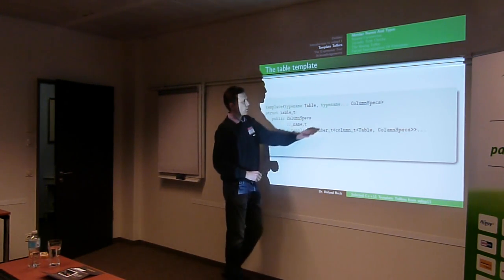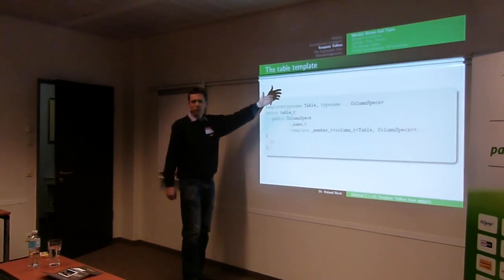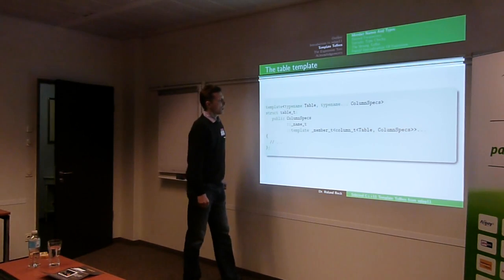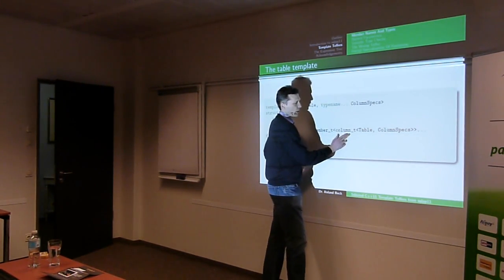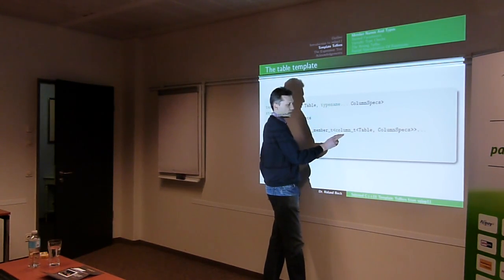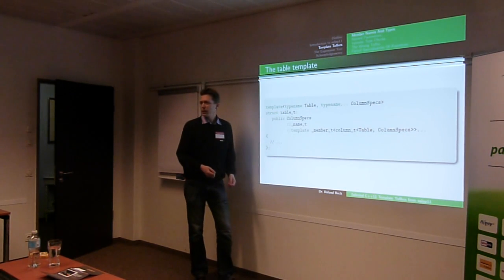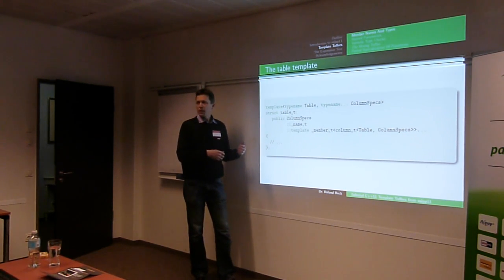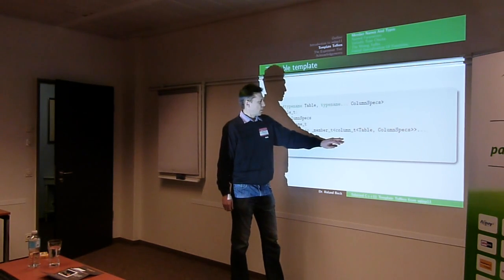So we have column specifications like the ID thing that we saw a few slides back. And we use those specifications to create column classes, which then really have some functionality, like operators and functions, like a like function, or you can concatenate them if there are strings, stuff like that.